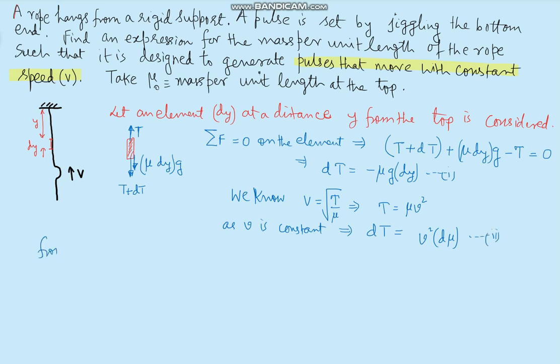So from the first and second expression, what we get? From the first, we got dT is equal to minus mu g dy, and from the second, dT is equal to v square times d mu.